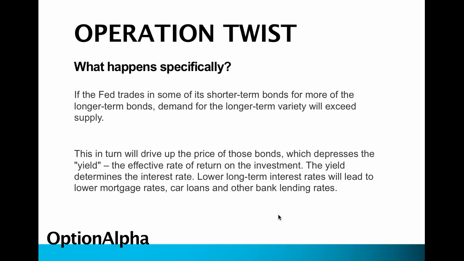So what the Fed is trying to do with Operation Twist is take money from shorter term securities, buy long-term securities, and push interest rates down for things like car loans, bank loans, mortgage rates, etc. Short-term lending rates are already at really, really low levels, but they also want to do that on the long-term end as well. And that's the way they're going to try to do this with Operation Twist.